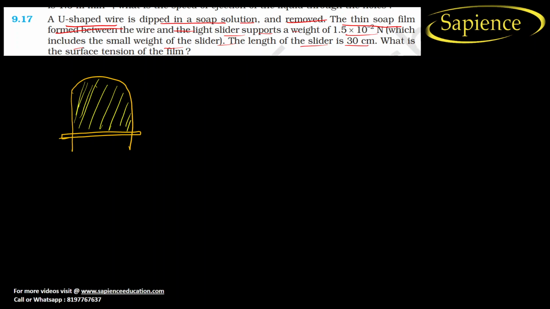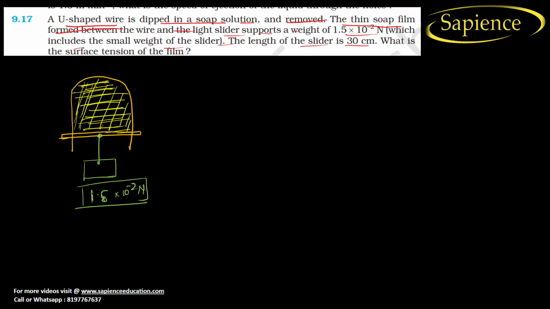When you dip it in the solution, we get a liquid layer like this. Now there is a weight, and the force acting is 1.5 into 10 power minus 2 Newton. So this is the weight.